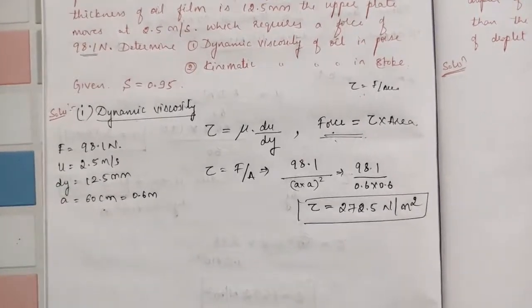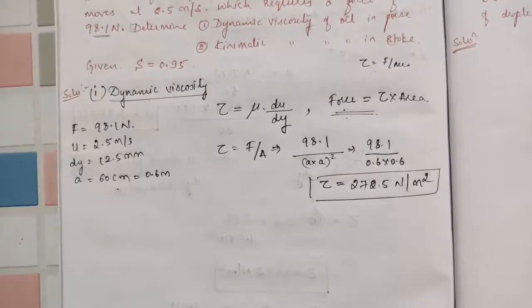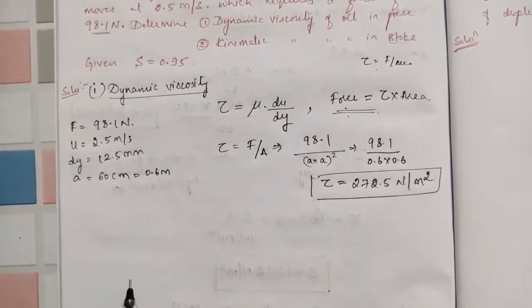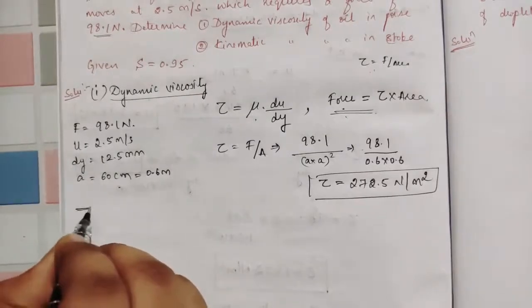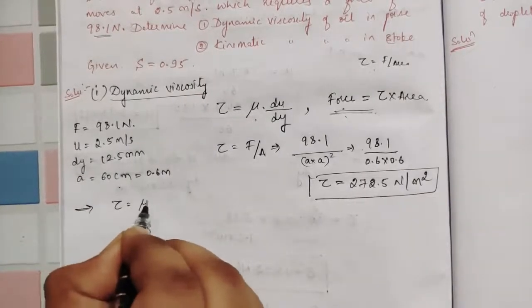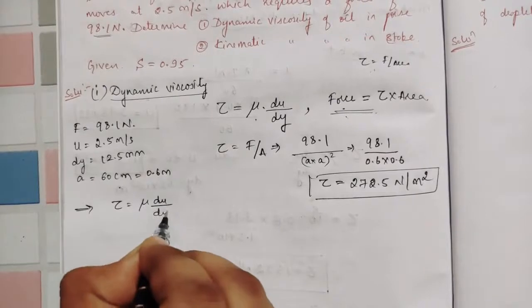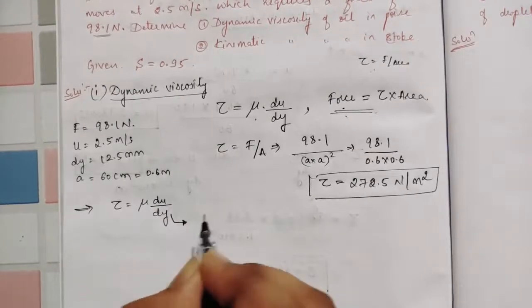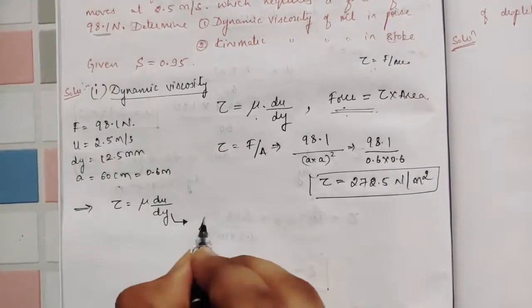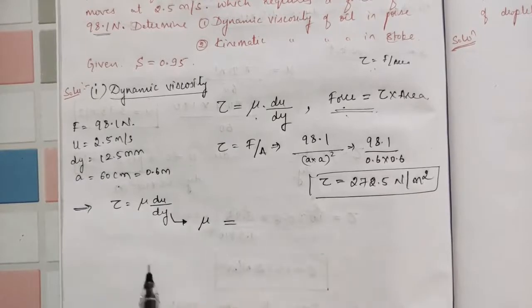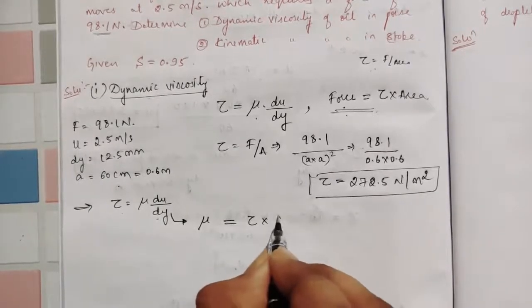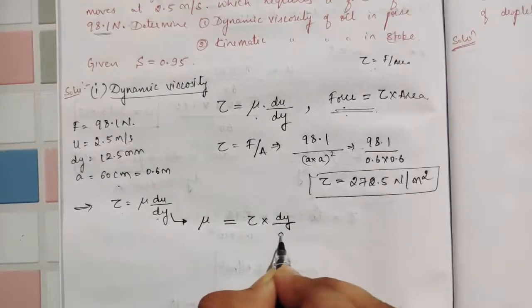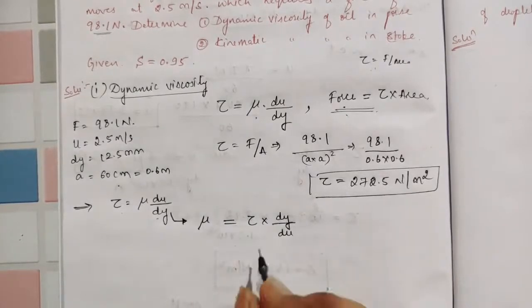Okay, now I got tau. Now what do I need to find? Mu. So tau is equal to mu into du by dy. From this, mu is equal to tau into dy by du.